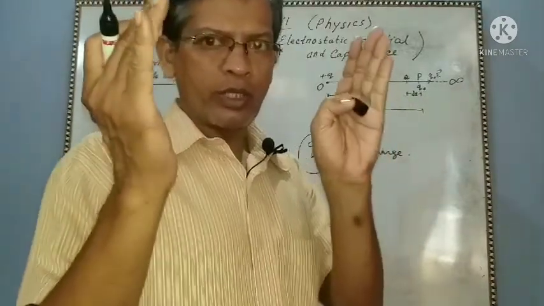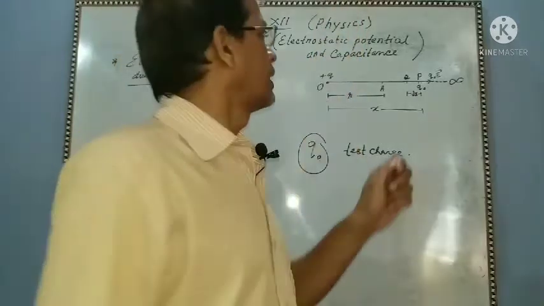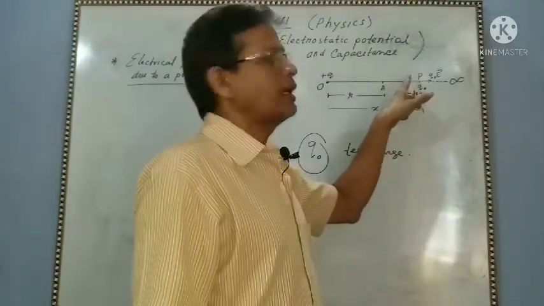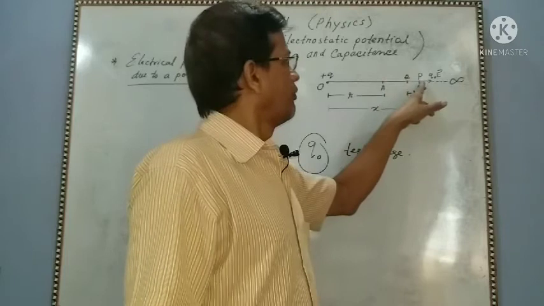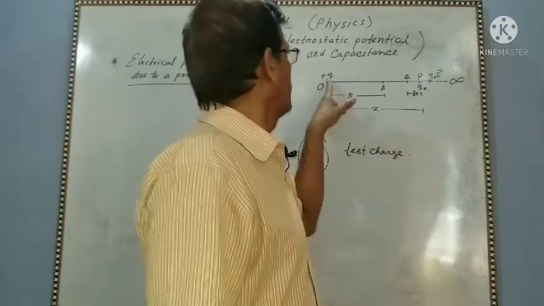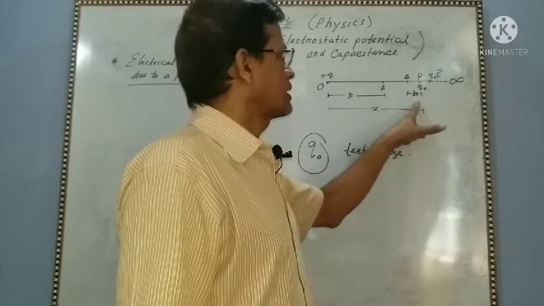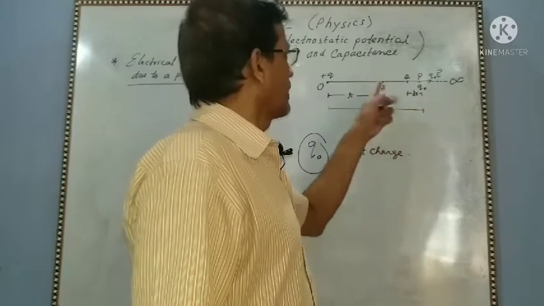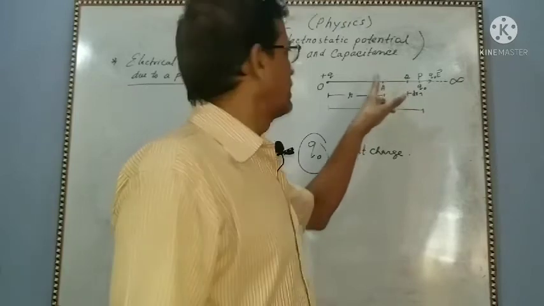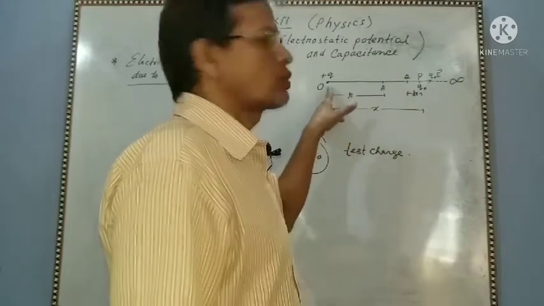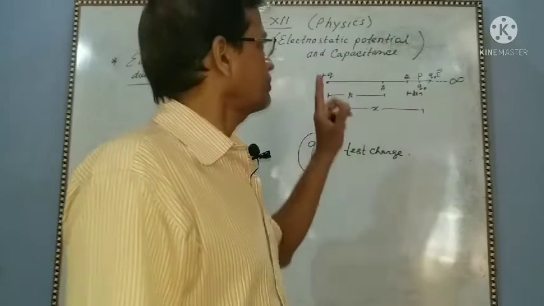The distance of P from Q is x and PQ is dx, and the point A is at a distance r from the source charge or point charge.